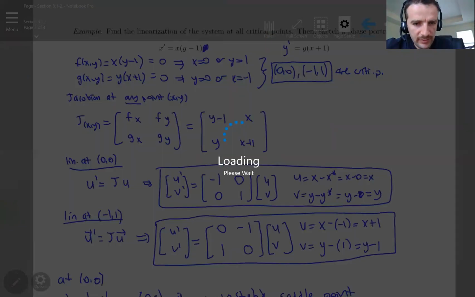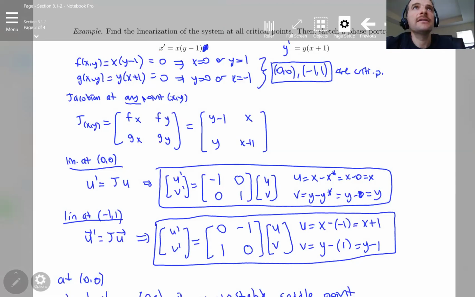But let me first look at the matrix [-1, 0; 0, 1], and find the eigenvectors.